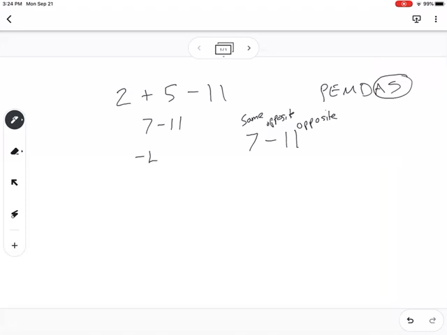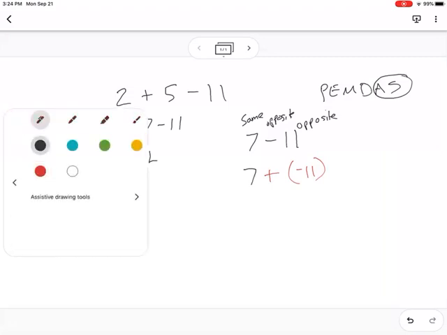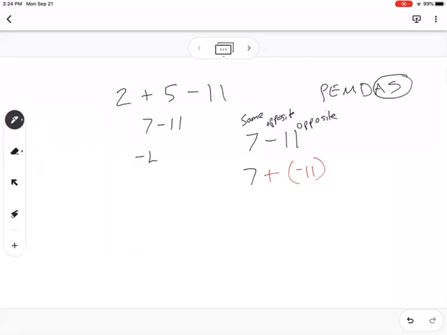So if subtraction and addition are the opposite of each other, we can rewrite this problem as 7, and instead of minus, we can change this to plus, and instead of a positive 11, we can change it to negative 11, and I'm going to put in parentheses here to separate the plus sign from the negative symbol. So those two math problems are the same. They have the same value.